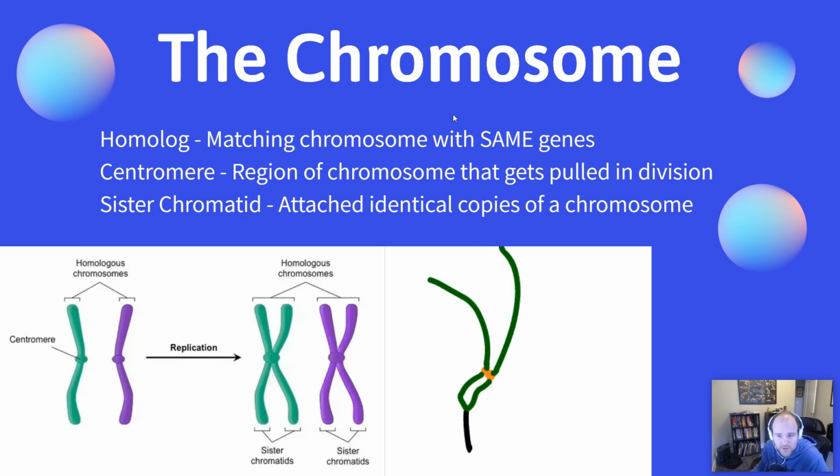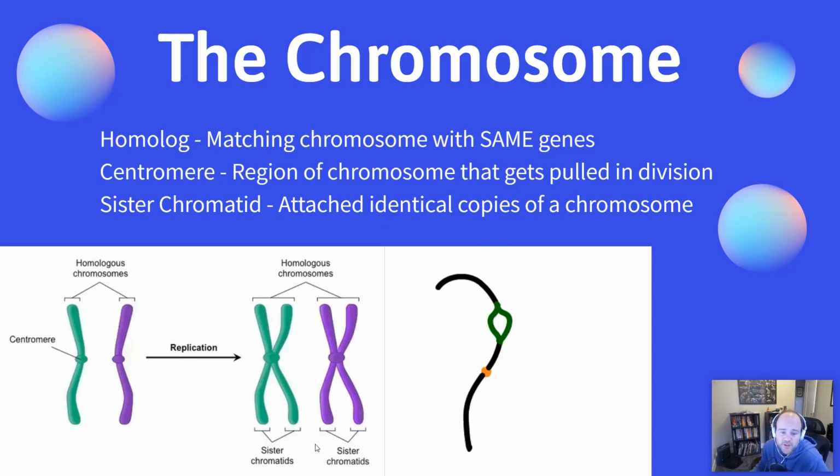So these are matching chromosomes that have the exact same genes on them. Now, remember that homos means the same, so that's telling us that it's the same genes. When these chromosomes are replicated, they're going to be held together by something called a centromere, which is a region of the chromosome that's going to get pulled during cell division, but also hold these homologs together.